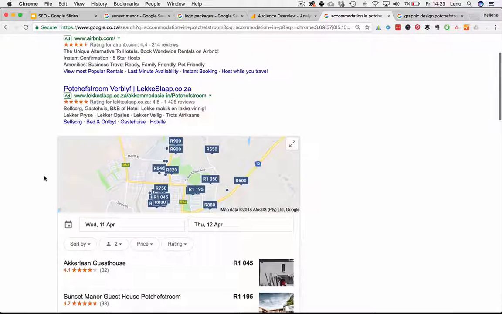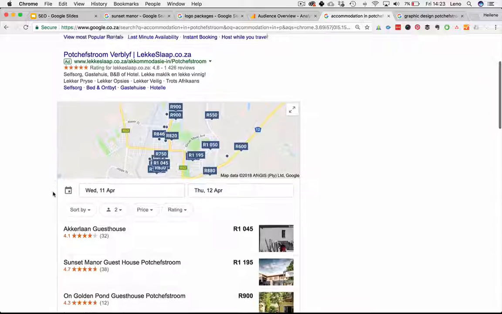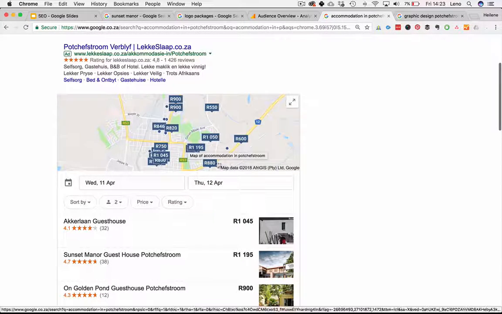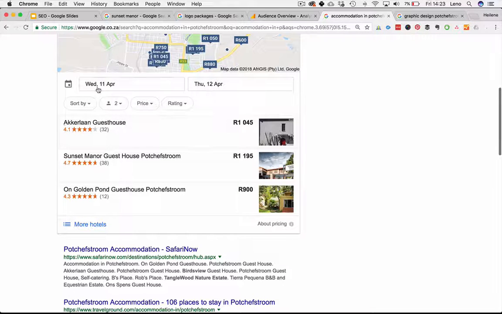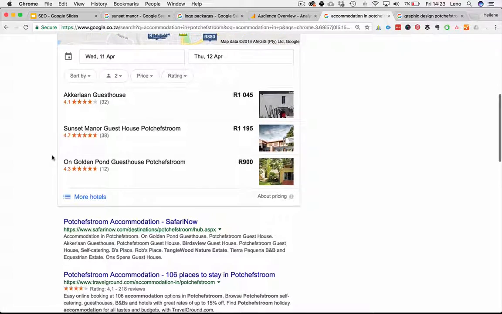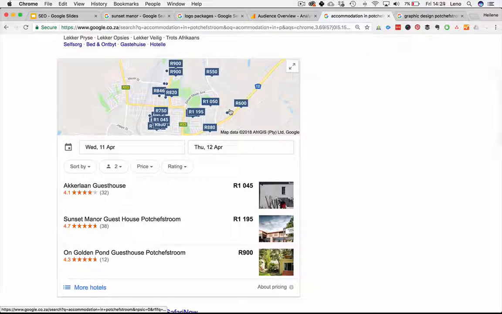Then, very important, because we're looking at Potchefstroom, so potential clients will search for this, is pricing and maps showing where all these businesses are. First, we'll even have a booking option there. We can see that in map search, and also on any Google map in an app or on a Google website, this business is going to rank first.